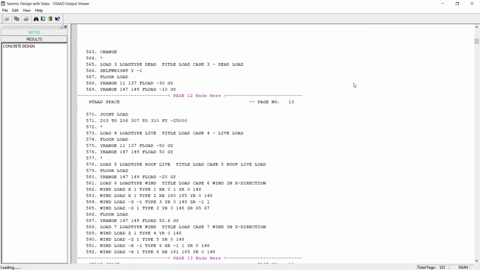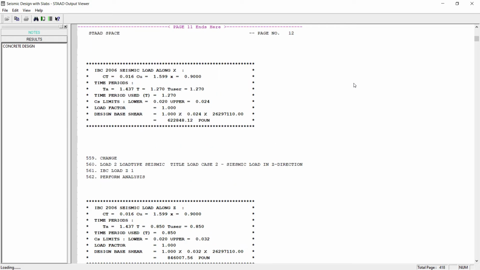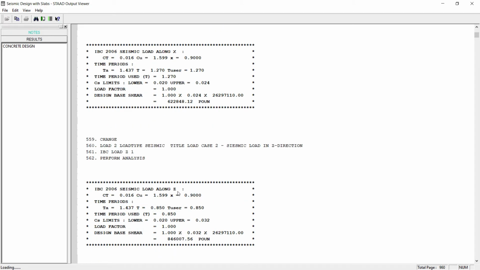Let us see the value of CS computed. If you can see, along the x-axis the value of CS computed is 0.024 and along Z it is 0.032.